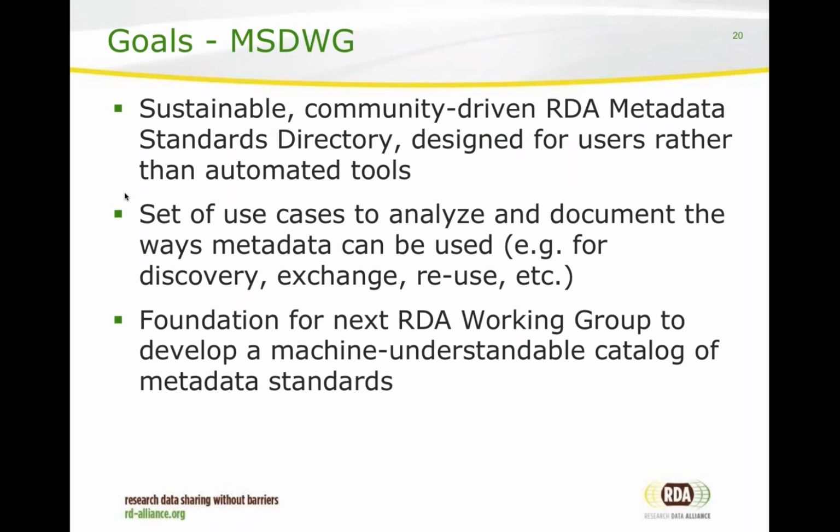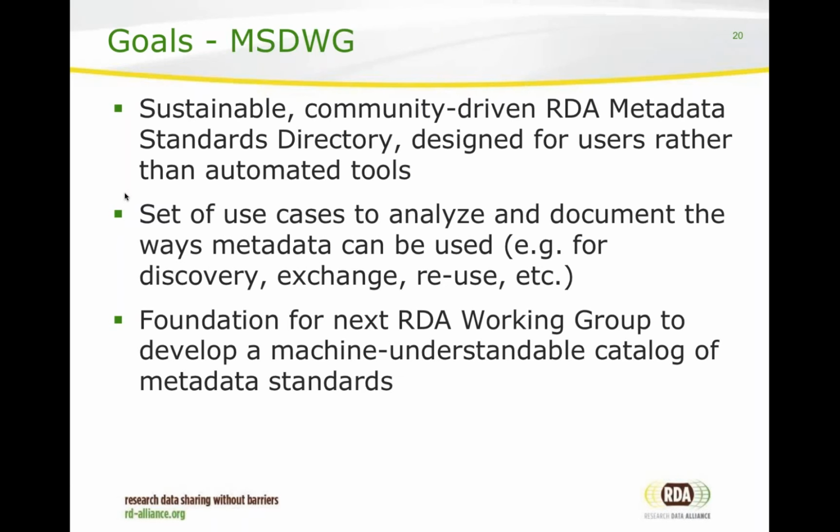So what we've done is to have a sustainable, community-driven metadata standards directory. So we do review all the suggestions that come into the GitHub version of that directory. And if they're fine, then we go ahead and add them to it. And this is a way of sustaining a directory.